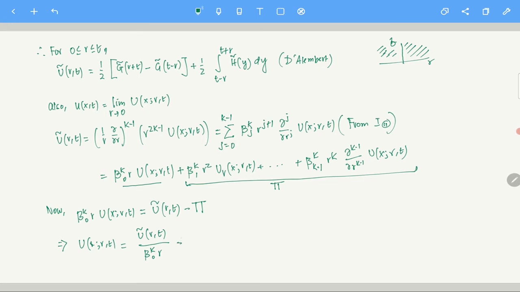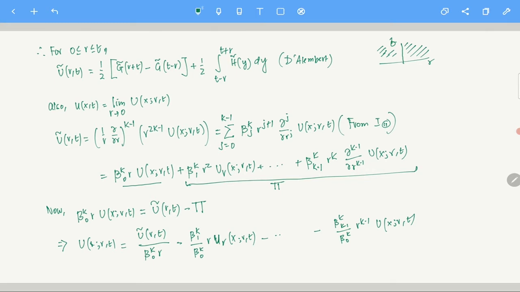I have to be very careful here because there are lots of calculations going on. Okay, so this is there.